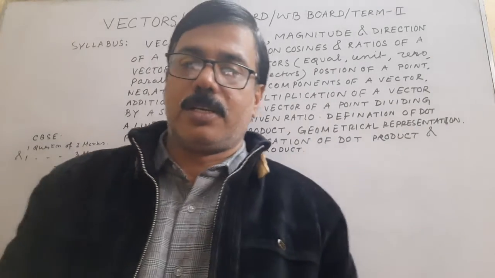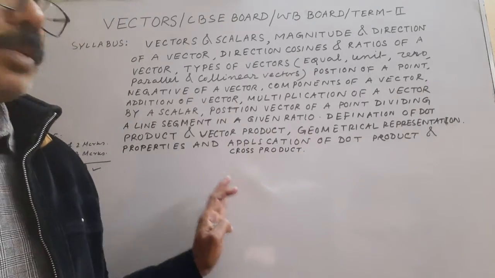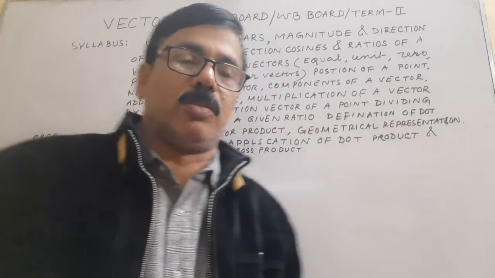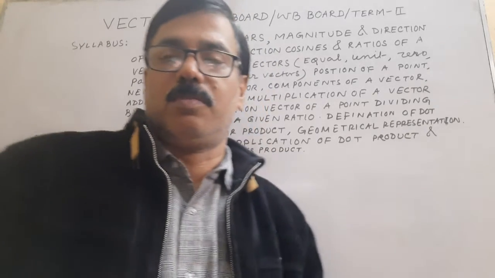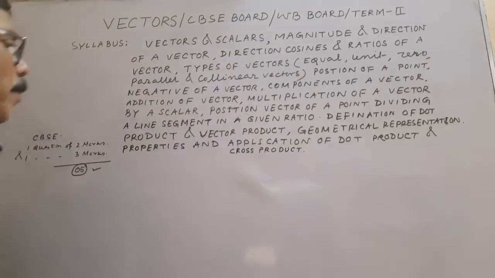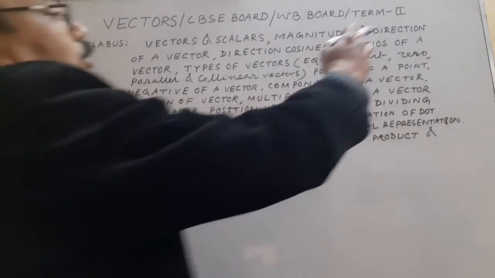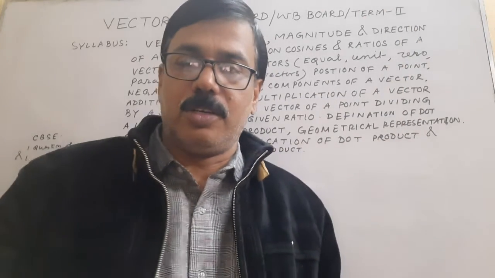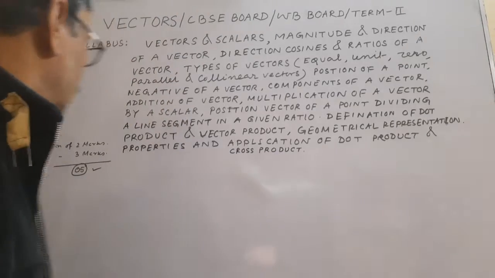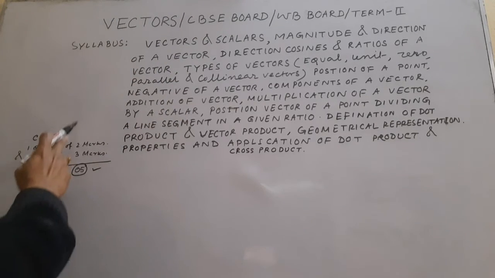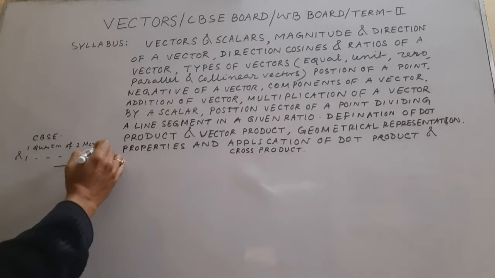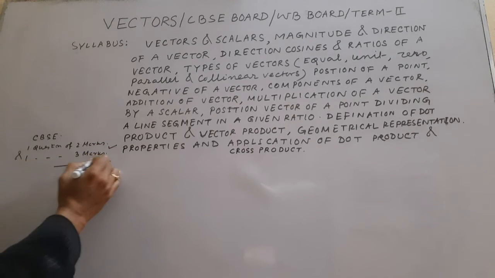Scalar triple product, this part is excluded from CBSE and also from the West Bengal Board. So, in the term 2 exam of CBSE, on the reduced syllabus, you get 2 questions from vectors, 1 of 2 marks and 1 of 3 marks.